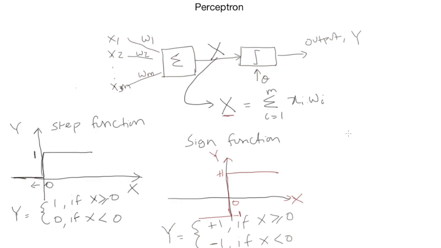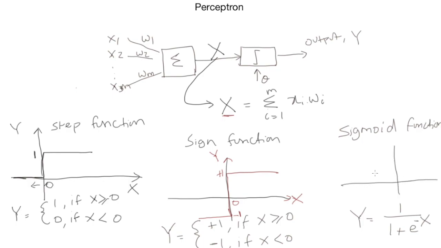Unlike the step or the sign function, the sigmoid activation function is a continuous function. This function is defined by the expression y is equal to 1 over 1 plus e to the minus x, and the response curve looks something like this.